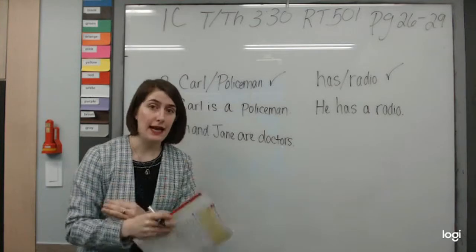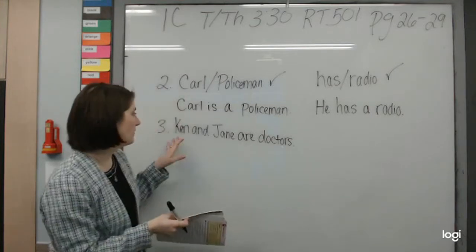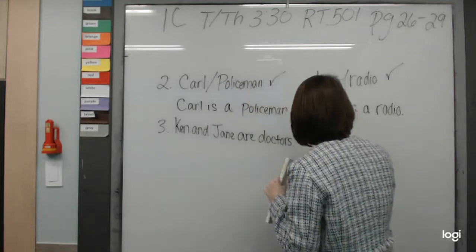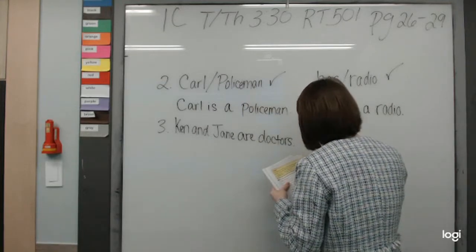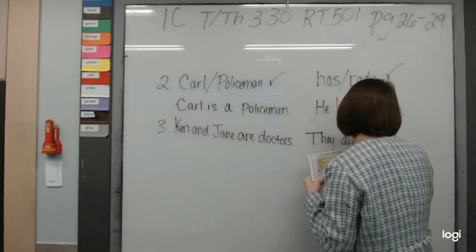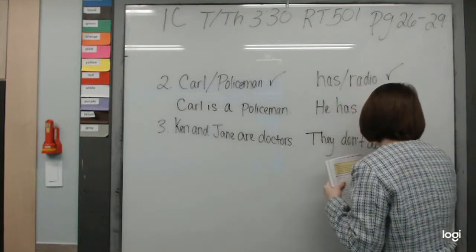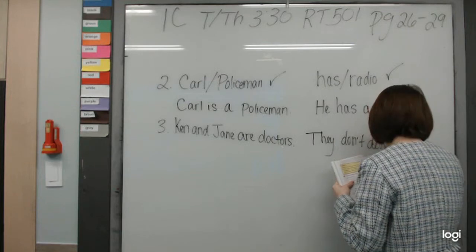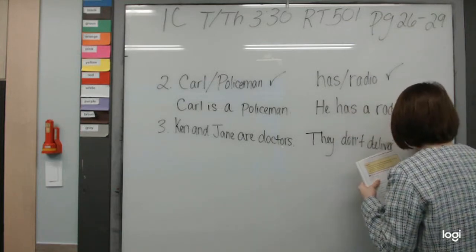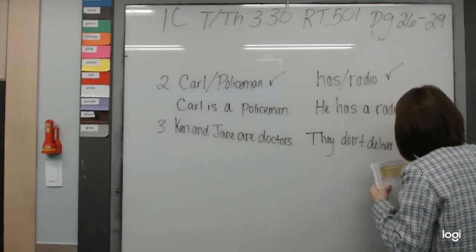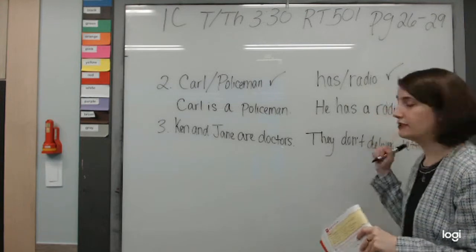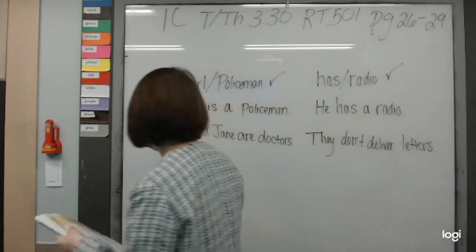X means negative. Okay? So we have Ken and Jane, two people, they. They don't deliver letters. And we said don't because do not. They do not. That is negative.